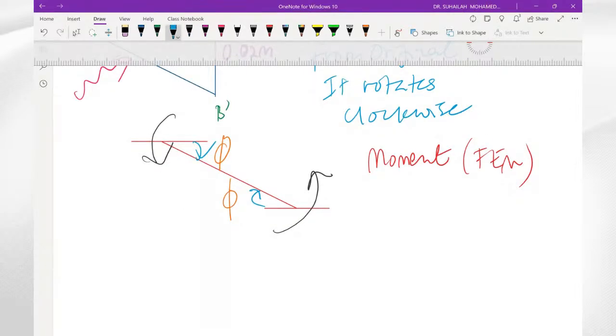This is chord rotation. In the book there is chord rotation. This chord rotation measures the angle from original to new position. And FEM will push it back to its original position.